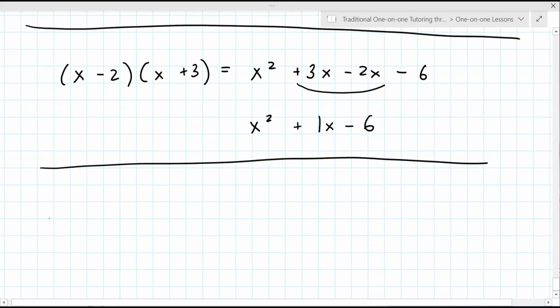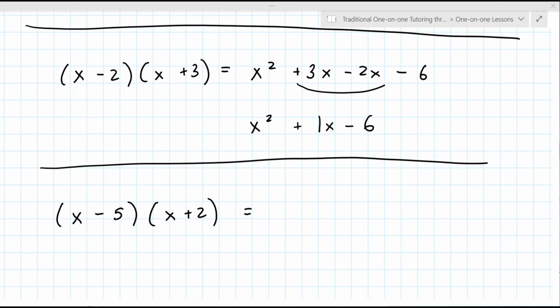Okay, so let's try another one here. Let's go with x minus 5 times x plus 2. Okay.